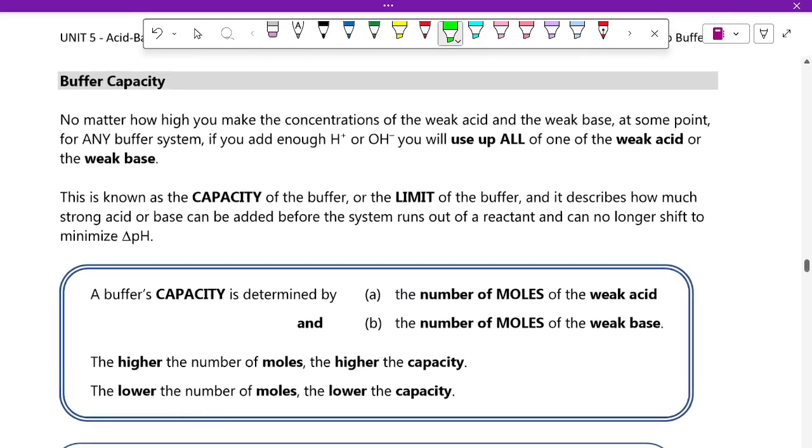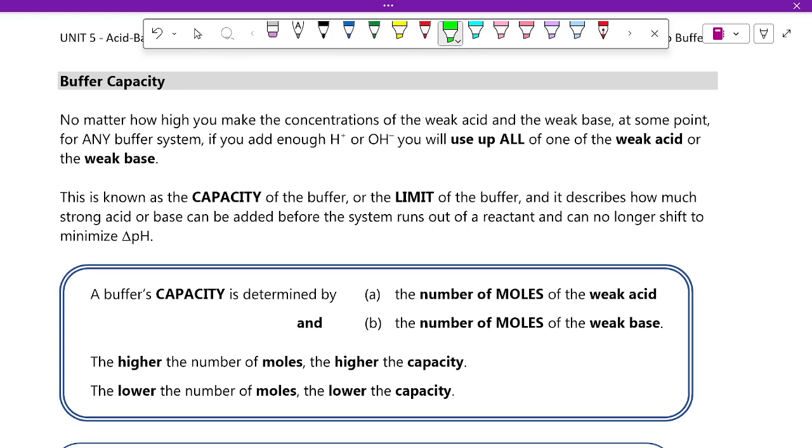Buffer capacity. The capacity means that if you don't have enough of the weak acid or enough of the weak base, you can use up all of it and then the buffer will stop working. That's why I said they have to be at relatively high concentrations.